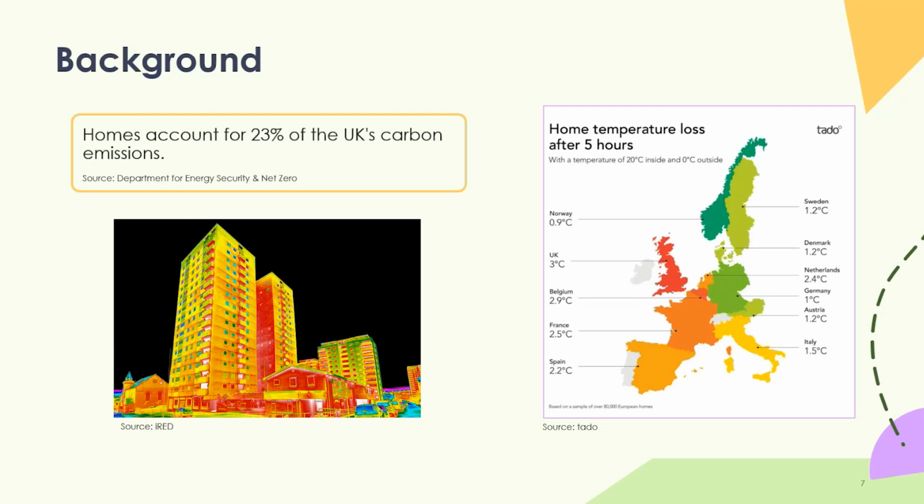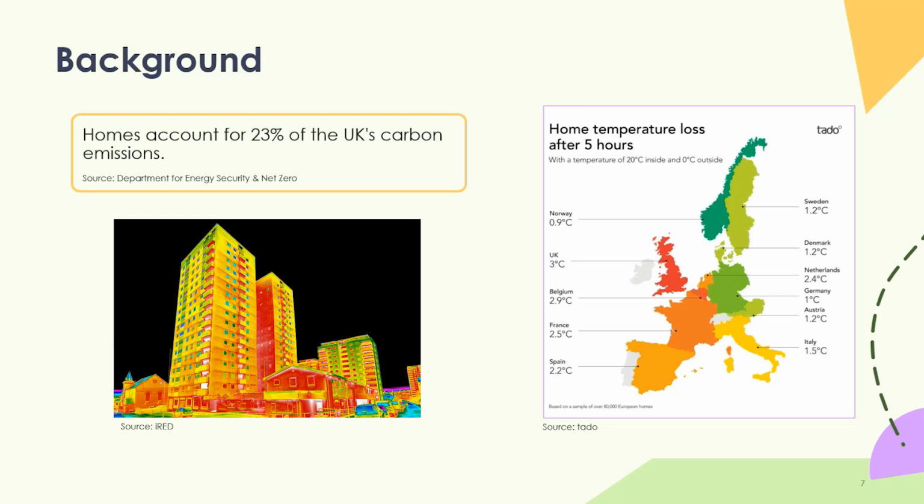I think some of our housing is pretty much the oldest and least efficient housing stock in Europe. You can see that nice little graph, or well, I say nice, it's not very nice unless you're in Norway, I guess. It's showing what the temperature difference is, what the loss of heat is in a home after 5 hours once it's been heated up to temperature.